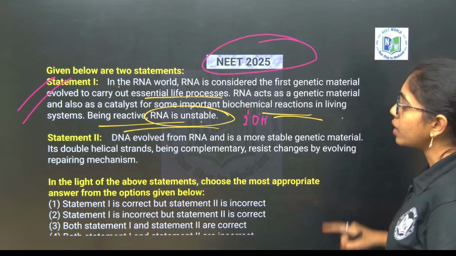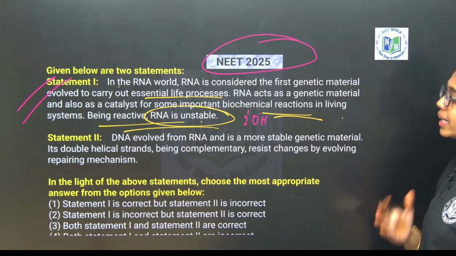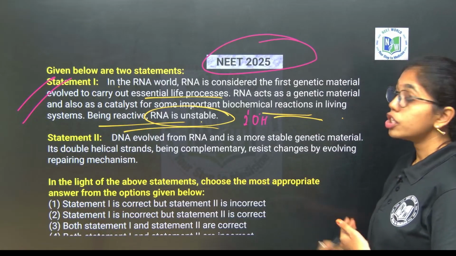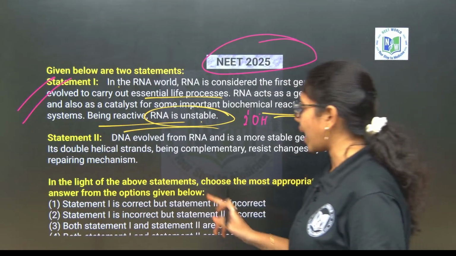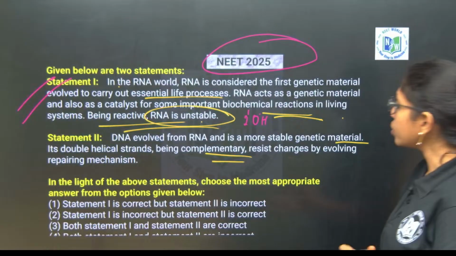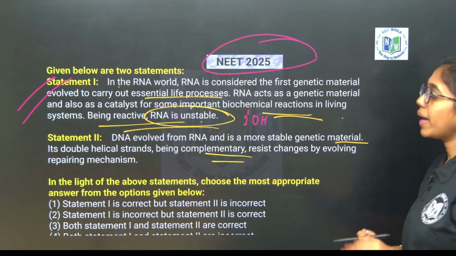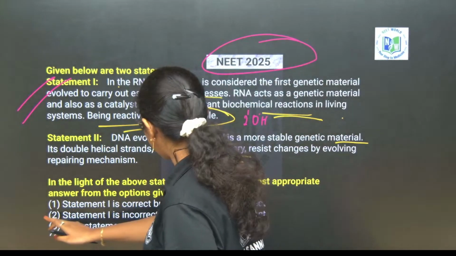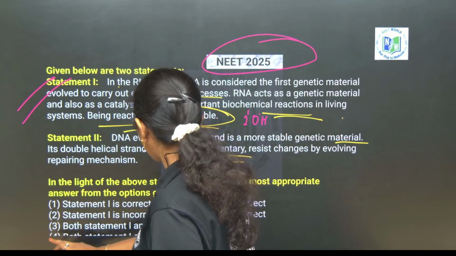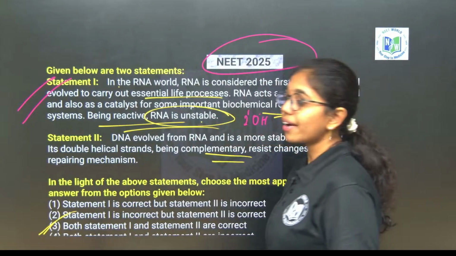So statement 1 is true. Statement 2: DNA evolved from RNA is more stable genetic material. Its double helical strands being complementary resist the changes by evolving repairing mechanisms. So both statements are true. Option C will be our right answer.